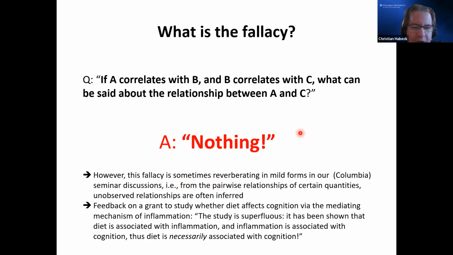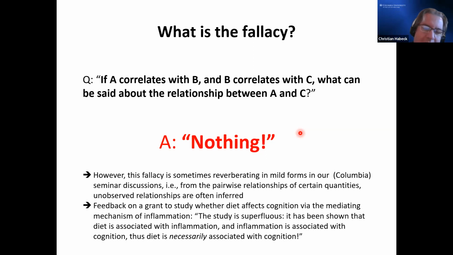It's known that neural inflammation is associated with cognition, right? There's a reasonable body of literature. So she wanted to study whether diet will affect cognition via the mediating mechanism of neural inflammation.